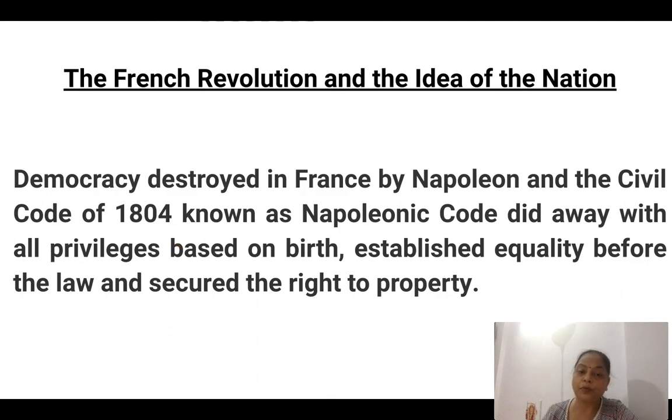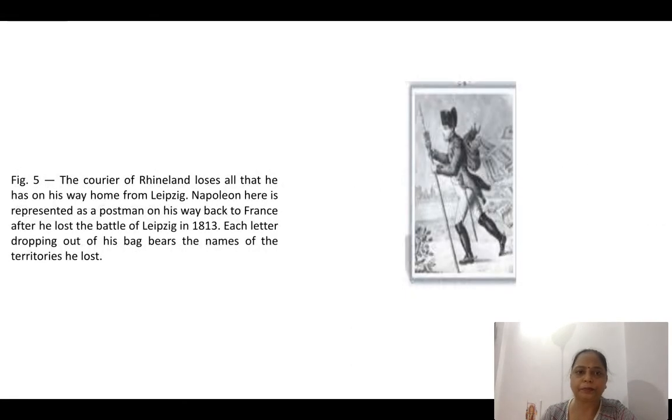So it was felt that the Napoleonic Code was destroying that democracy, and this code did away with the privileges based on birth, established equality before the law, and secured the right to property. Here, the courier of Rhineland loses all, because ultimately he lost many of the territories which he confiscated, which he subjugated, I should say, and then he was coming back.